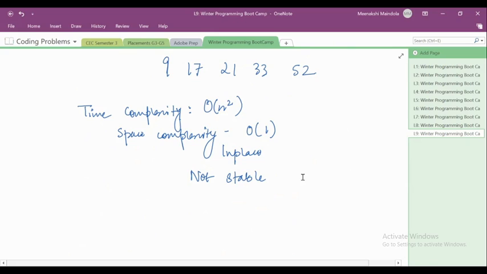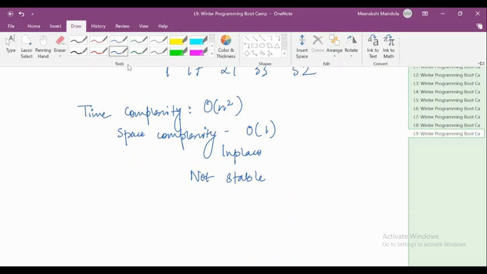We are going to begin with it like we did today, and then go on and understand merge sort and quick sort as well. If there is any doubt, you can post your queries in the group.